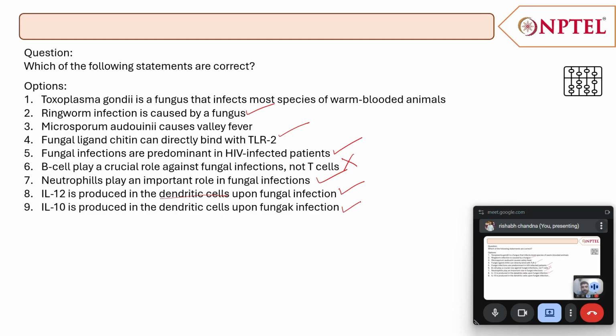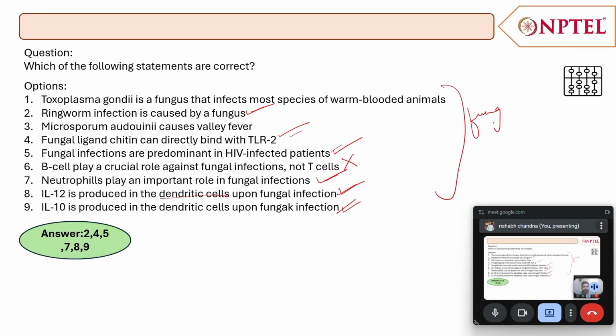So this is also correct. So the correct options are 2, 4, 5, then 7, 8, and 9. Okay, so these are related to the fungal infections that take place in the body. Okay, so let's move on to the next question.